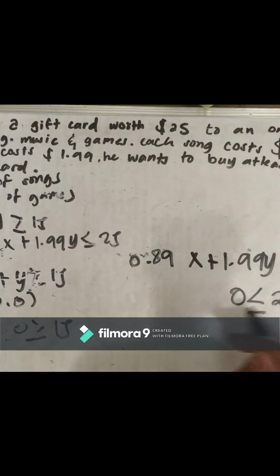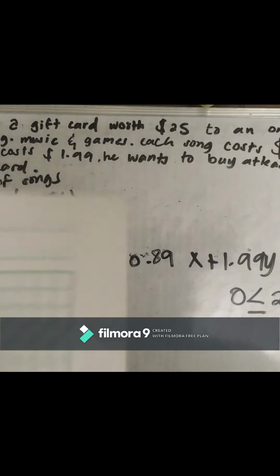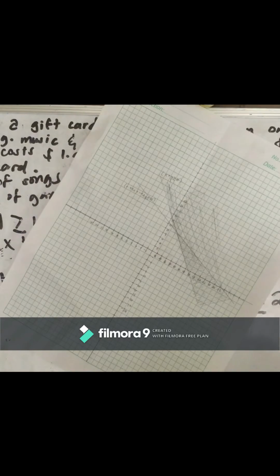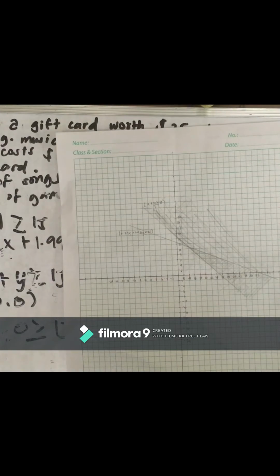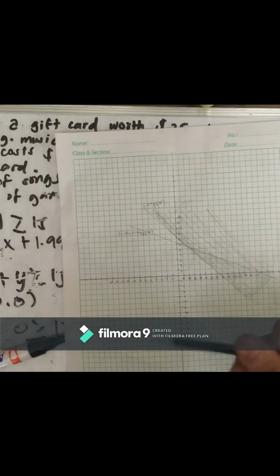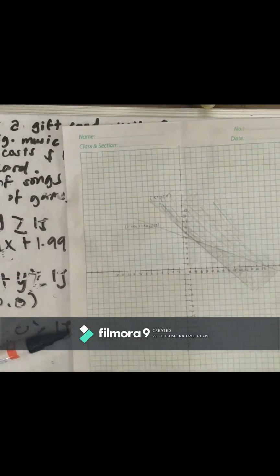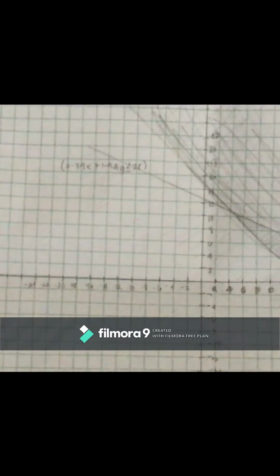And this is true because 0 is less than 25. Because it is true, the second equation will be shaded at the bottom part with respect to 0.